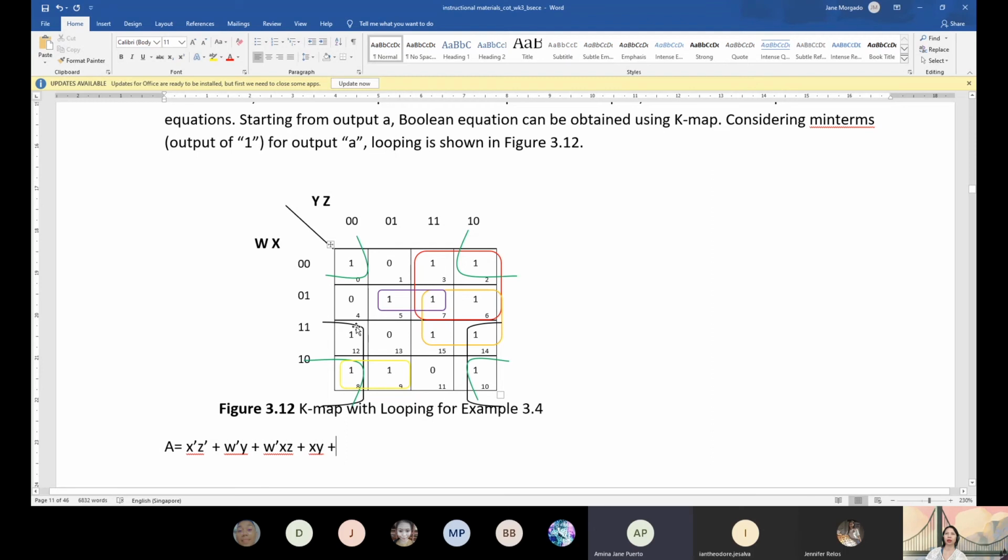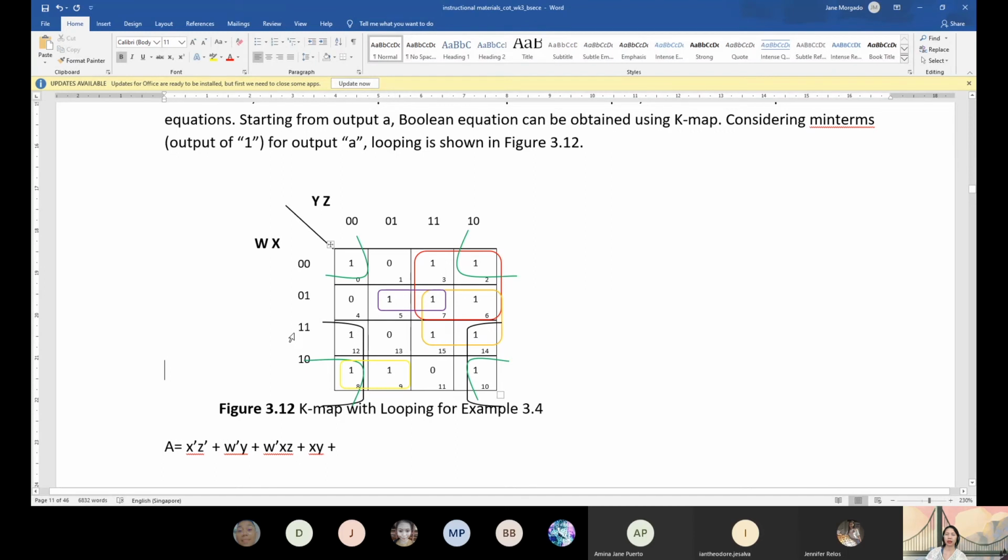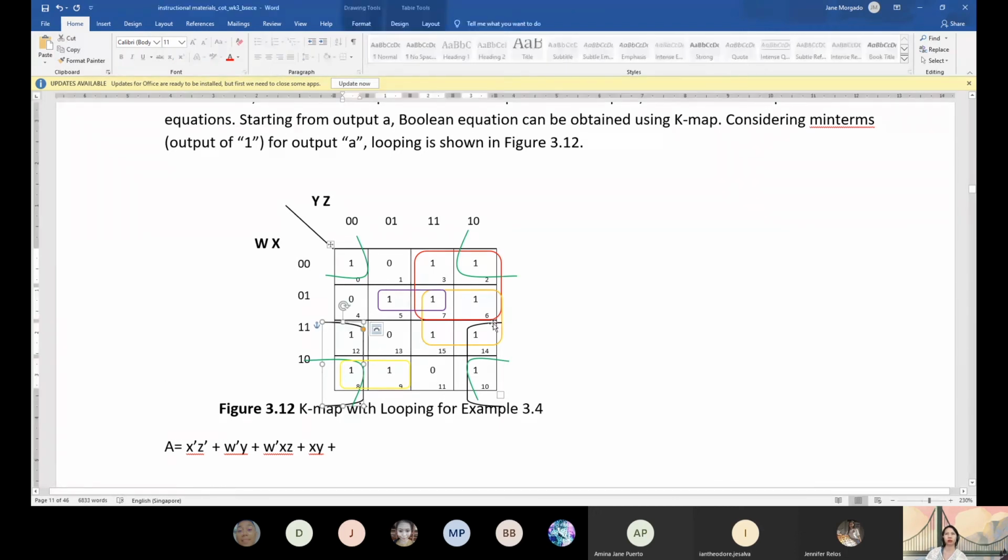Okay, for black. The black loop groups the 10, 14, and 12, 8. The black loop exists because of the minterm 12, so it has no loop mates yet. For the black loop, we have two values for WX: 1, 1 and 1, 0.